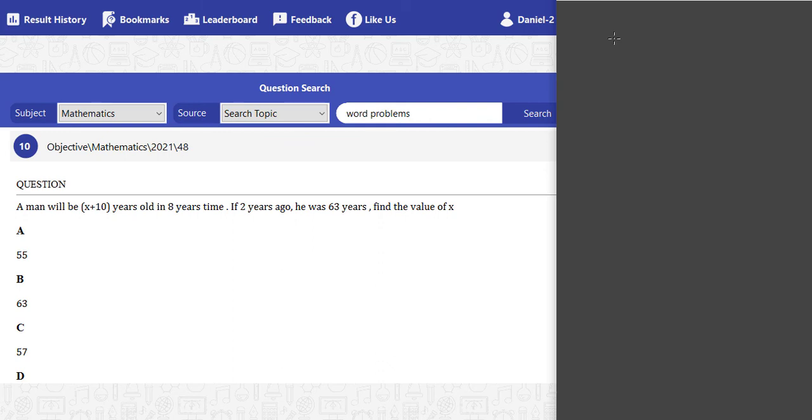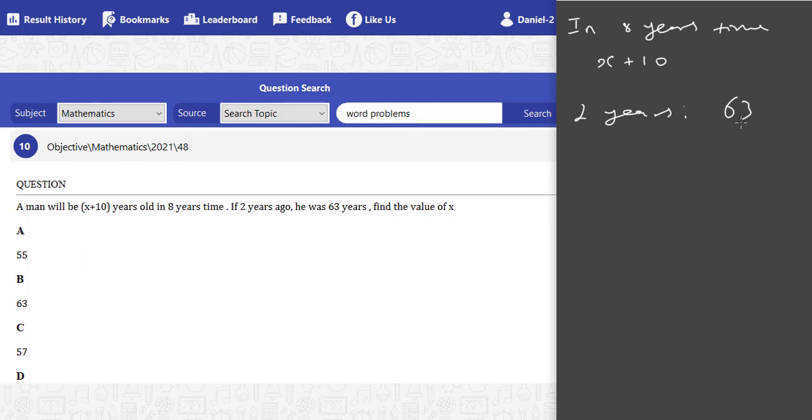So that means in 8 years time, the man will be x plus 10. Now they said if 2 years ago he was 63 years, so 2 years ago he was 63 years. So the question is find the value of x.